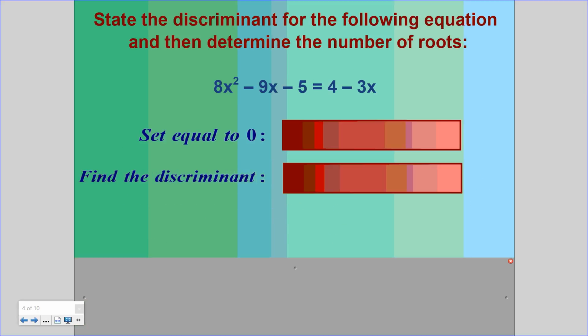Let's start by finding some discriminants and determining how many roots each quadratic equation would have. Here's our first example: 8x squared minus 9x minus 5 equal to 4 minus 3x. Step 1 is the same step 1 we've been dealing with all unit, where we begin by setting our equation equal to 0 by bringing those things to the other side.